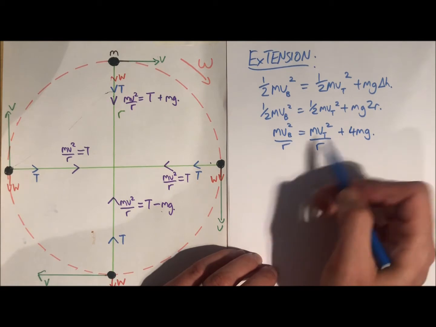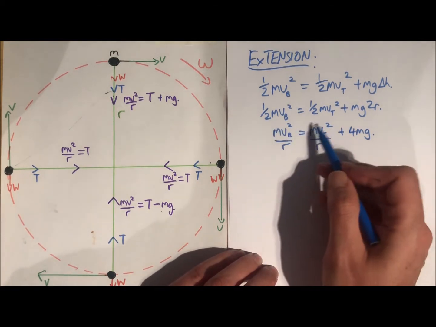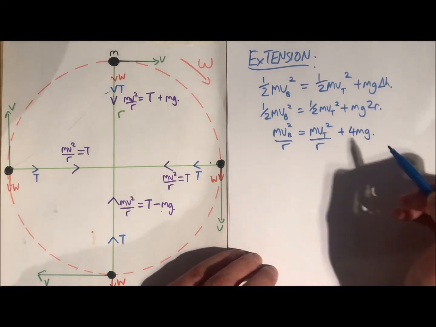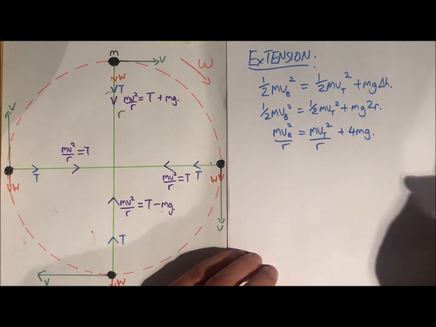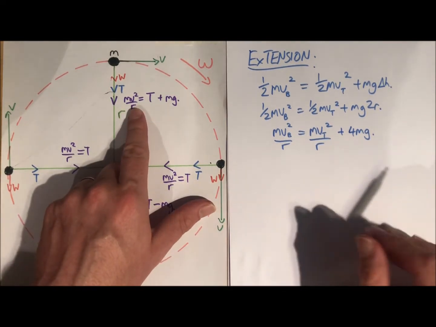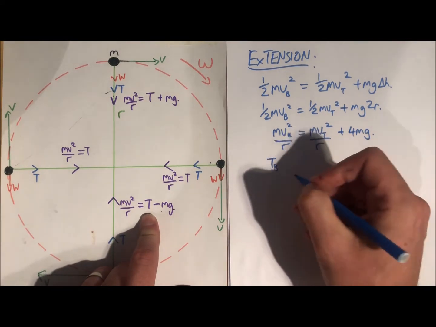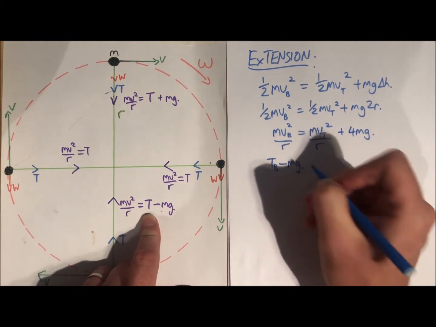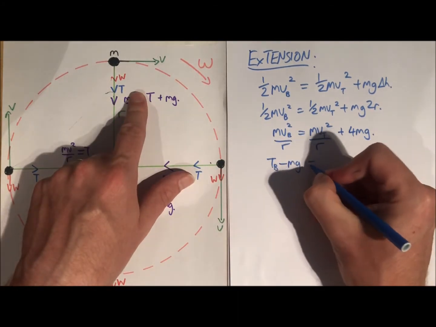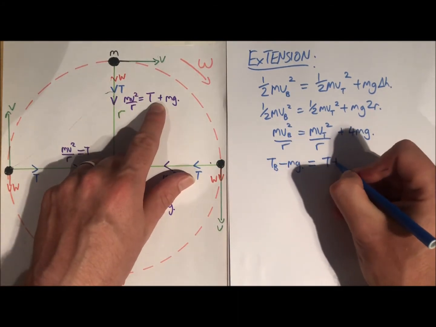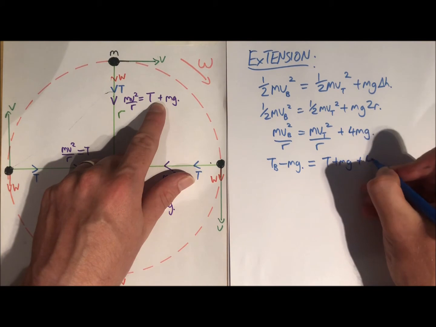Now, the reason I've done that hopefully will become a bit obvious now, because those are very familiar terms to us. Those are the centripetal forces at the two different points. And we've already established, if we go back to our diagram over here, that at the bottom, that is T at the bottom minus mg. And at the top, that equals T plus mg, plus 4mg.